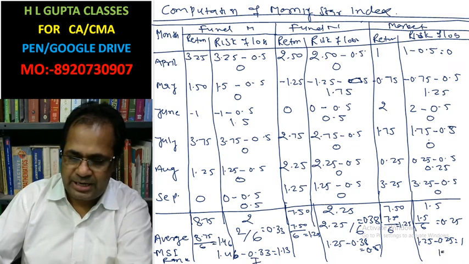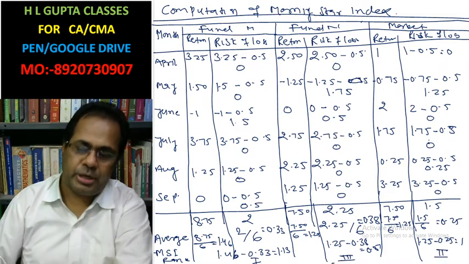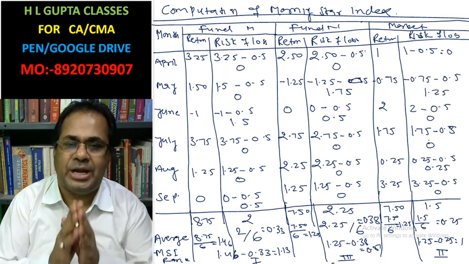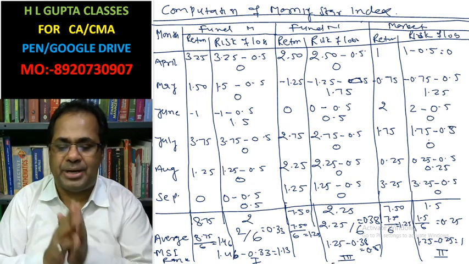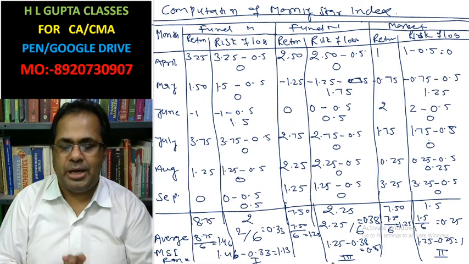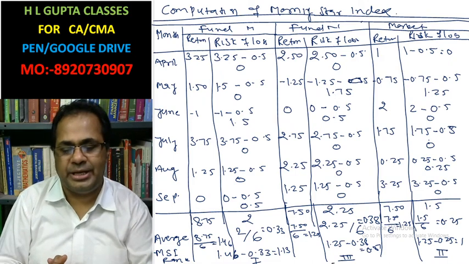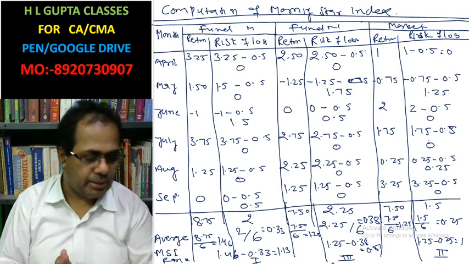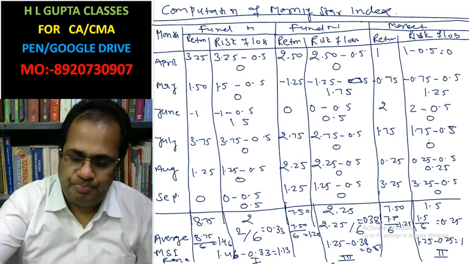This is your second rank, and this is your third rank. So we can say that fund M performance is better than the market on the basis of Morningstar index, and fund N performance is not as good as market. Okay.